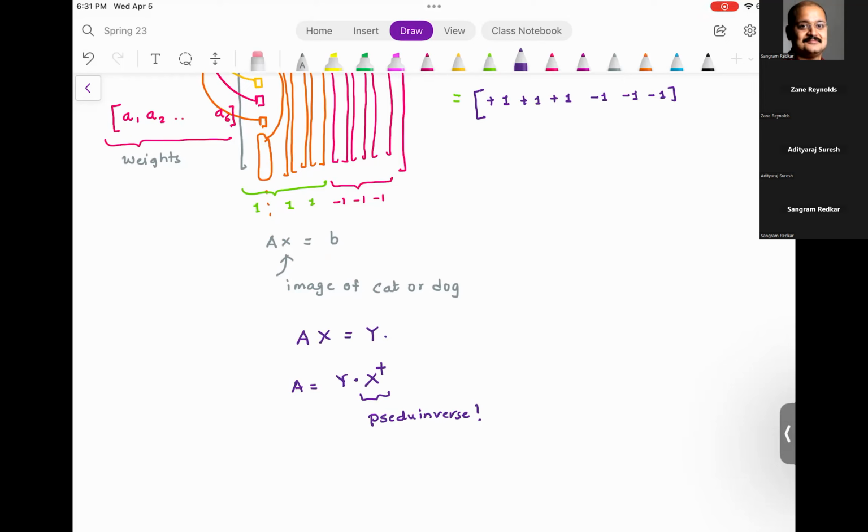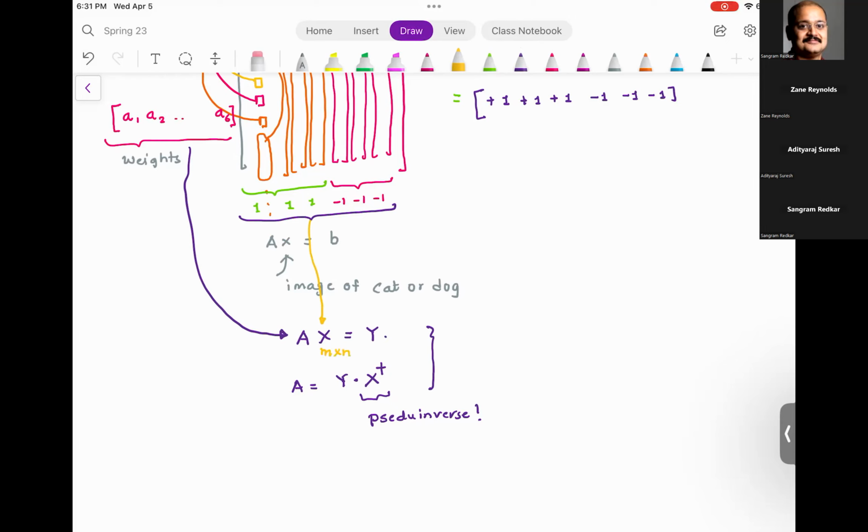So I'm going to explain this once again very quickly. A is all these weights. What we have here is X. Now please understand, X is an M times N matrix.